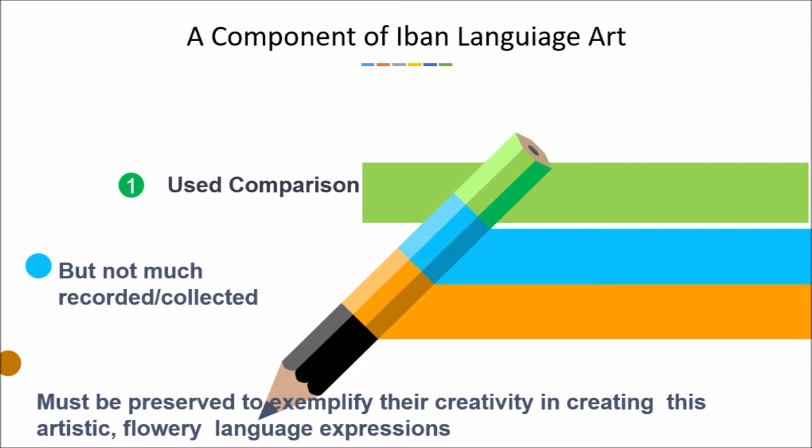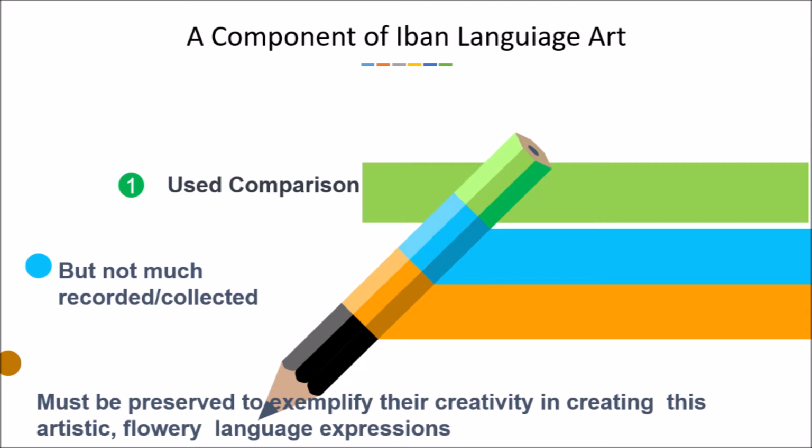First, it is using comparison to give advice, to criticize, to convey critically, but it is very indirect. Through this comparison and symbolism, it is a hidden and ambiguous expression referring to a particular subject. So that is number one.